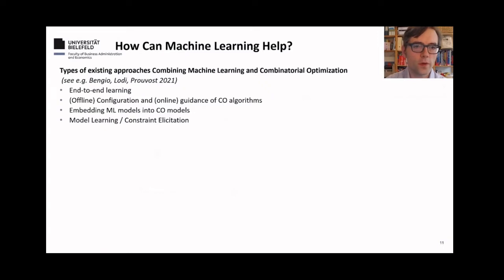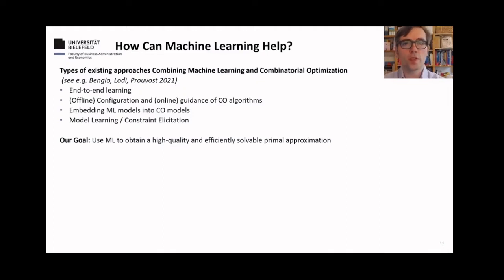It may also be used for guiding online decision-making within combinatorial optimization algorithms. One can even embed machine learning models into combinatorial optimization or use machine learning for learning model components such as constraints of combinatorial optimization. The approach presented in this paper is somewhat different.